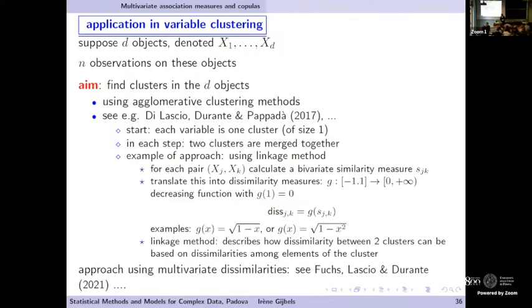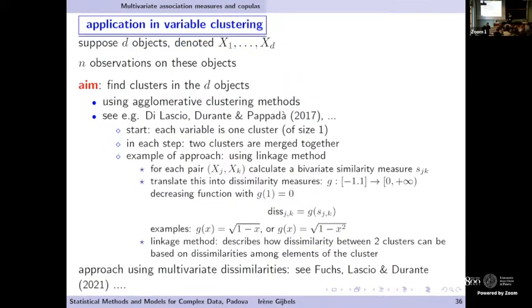You calculate a bivariate similarity measure, an association measure, and then you get to a dissimilarity measure, for example, by taking 1 minus the square root of that, or the square root of 1 minus that squared. So you change from an association measure or a similarity measure to a dissimilarity measure. And you start merging clusters which are too similar, or for which the dissimilarity measure is too low.